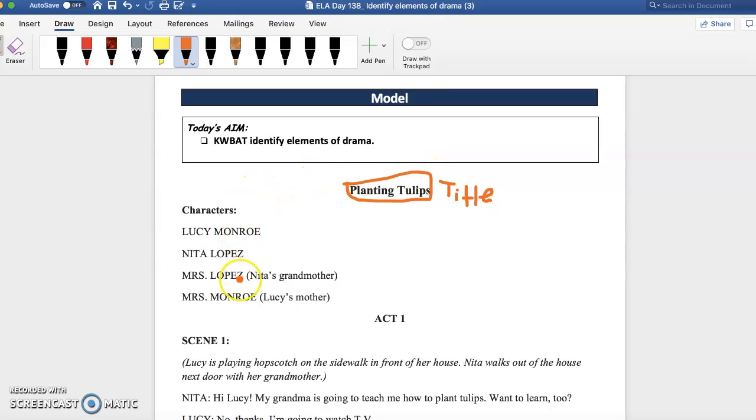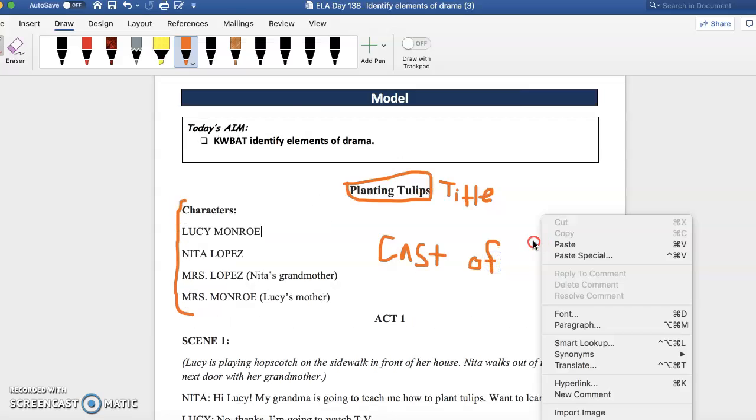Now, here are the characters, and so this should be really easy to notice that this entire section is the cast. I'm going to try my best to write it neatly. This is the cast of characters, okay?